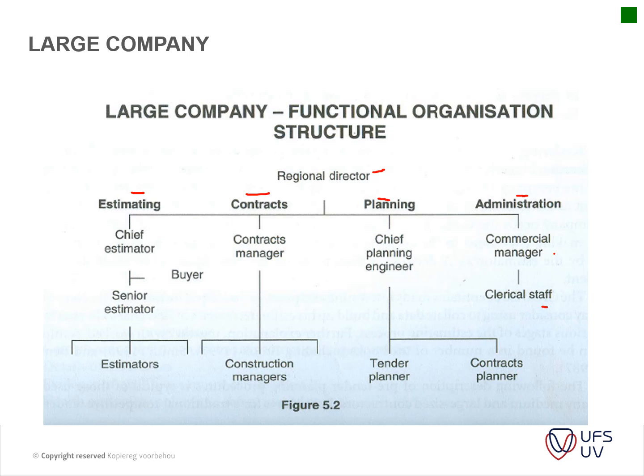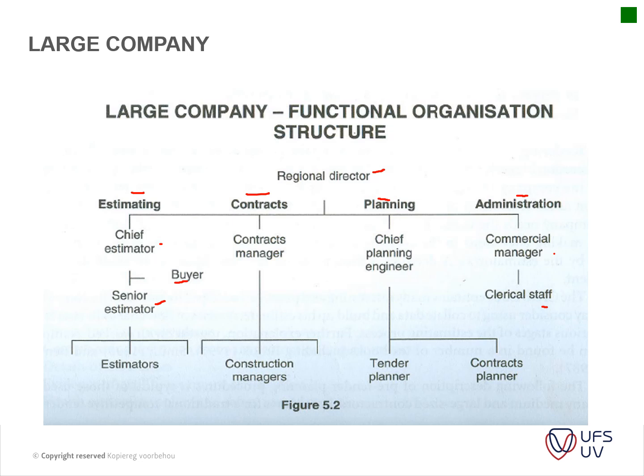So you've got your chief estimator, and then your senior estimator, and then you've got a buyer. The buyers are not an estimator, but they usually do the actual buying from suppliers and so on. They are the people that negotiate the best prices from suppliers.